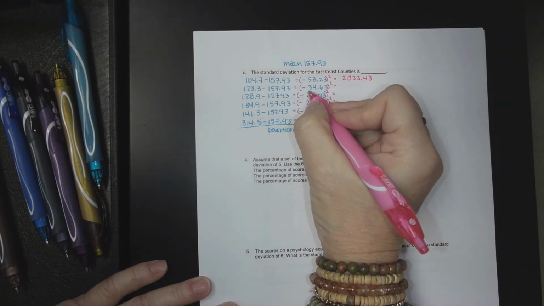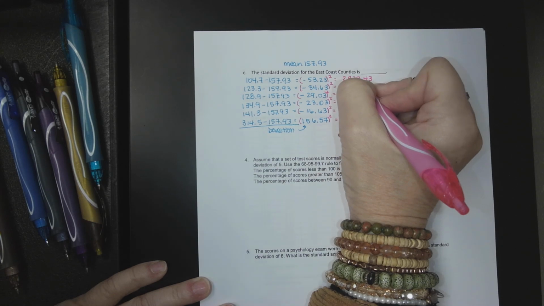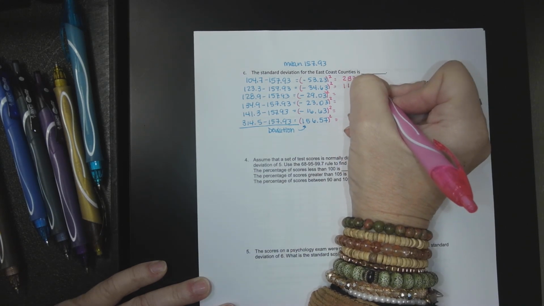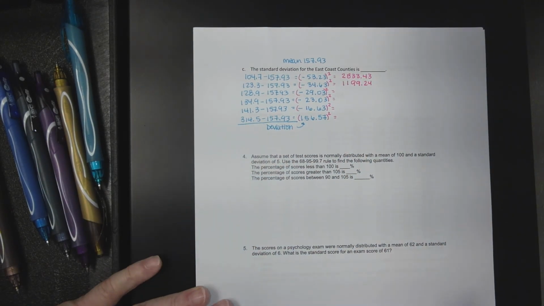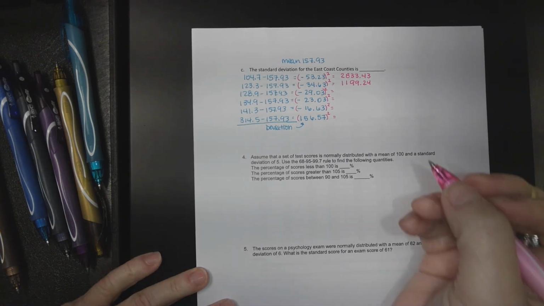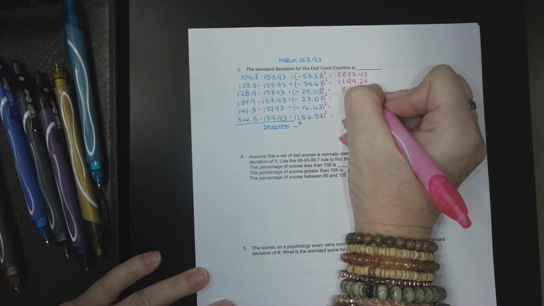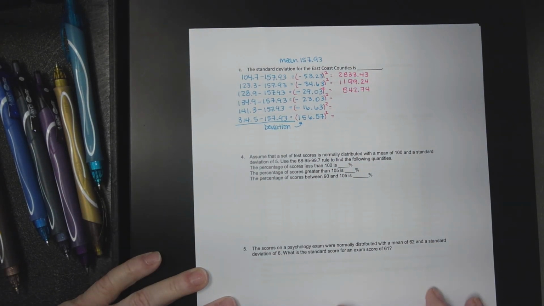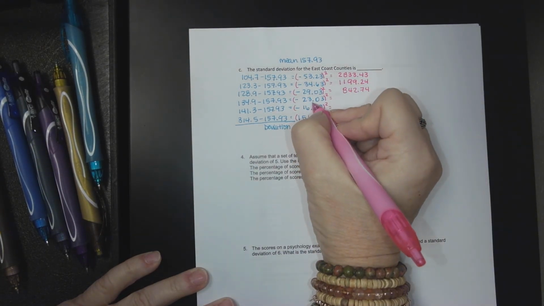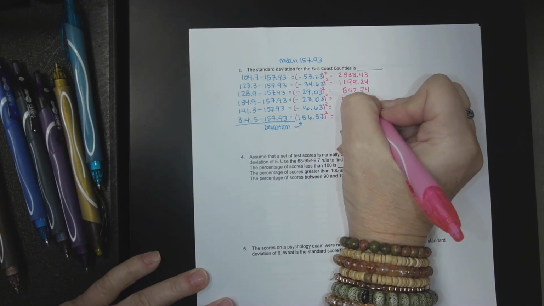Now, negative 34.63 squared is going to give us 1,199.24. Negative 29.03 squared is going to give us 842.74. Now, negative 23.03 squared is going to give us 530.38.